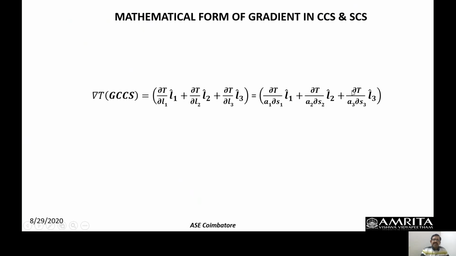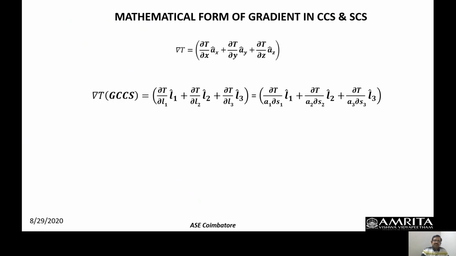Once I write this, and if I remember that table which I set a while ago, you can easily capture the thing. We know that A1, A2, A3 are all 1 and ∂S1, ∂S2, ∂S3 are all linear parameters in the Cartesian coordinate system.